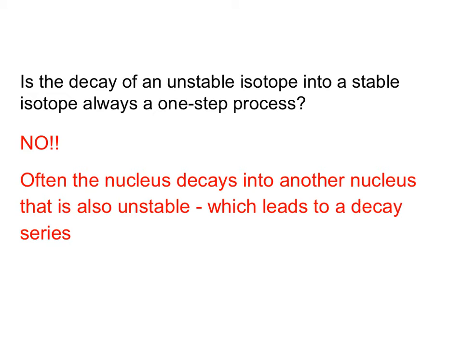It might have extras, it might have lost some, but we always want to go from being unstable to being stable. So is that always a one-step process? Heck no. Oftentimes the nucleus is going to decay into another nucleus that is also unstable, which leads to a decay series. I'm going to show you what a decay series looks like in just a moment.